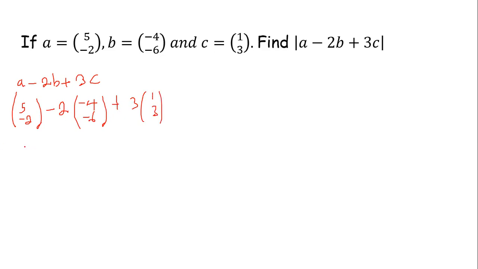So this will remain as (5, -2), minus 2 times -4 will be 8, and minus 2 times -6 will be 12. Then add 3 times -1, which is -3, and 3 times 3 is 9.